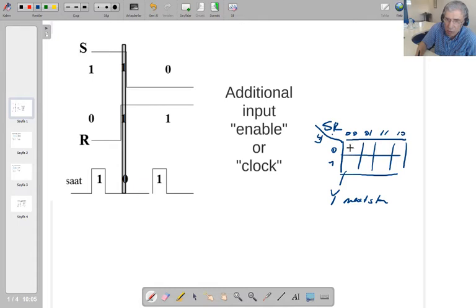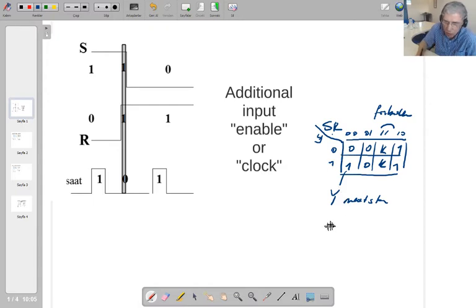So we said the input is 0, 0, no change. When it is 0, 1, whatever S says is going to be seen at the output. 1, 1 is forbidden, and when S and R values are different, independent of the present state, your output is 1, 1. So that is forbidden. So all the others are allowed.